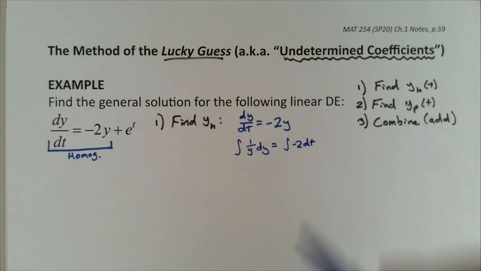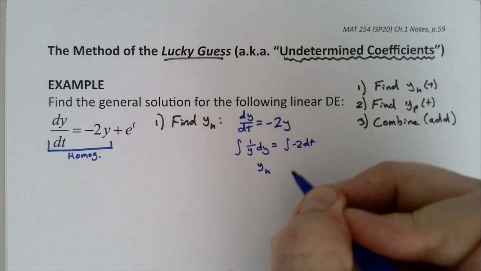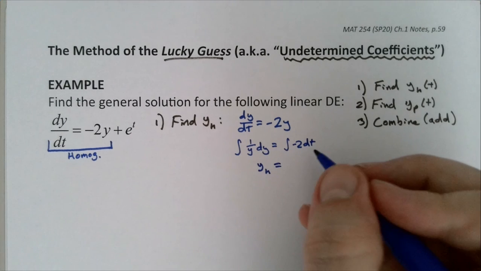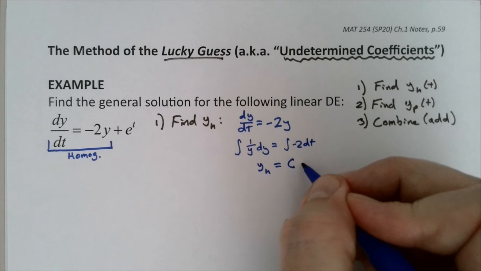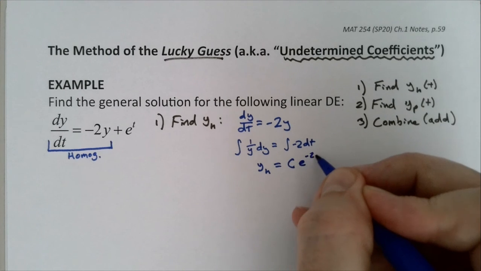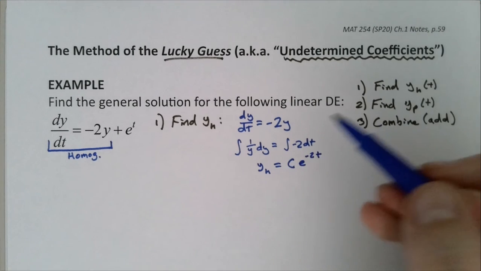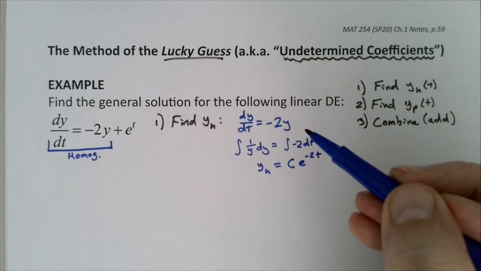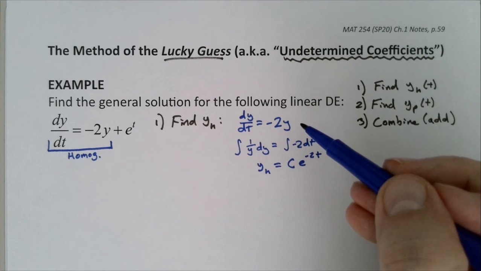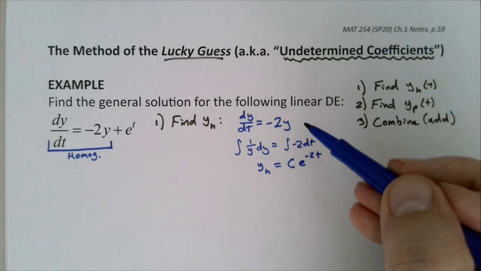After some work, you'd find that y sub h is going to be equal to some constant c times e to the minus 2t. Now, you could go from here to there because you know this is an exponential decay differential equation.